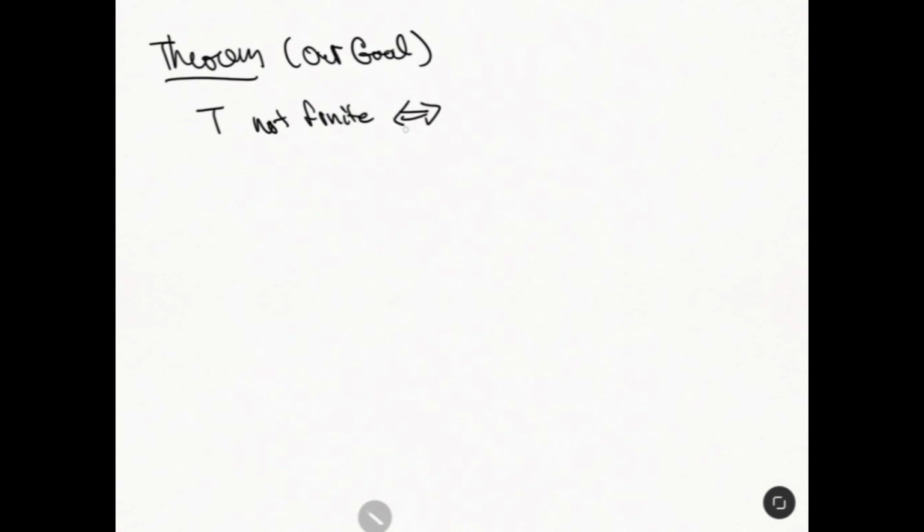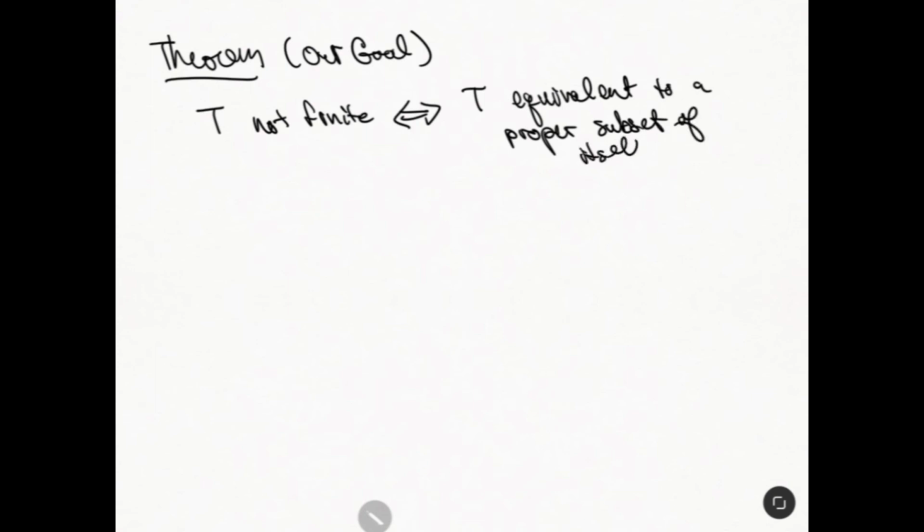So the theorem that I want to prove now, which is our goal, is to show that T is not finite if and only if T is equivalent, by which I mean in bijection, to a proper subset of itself. All right, so let's do the proof. Let me say what the proof idea is.